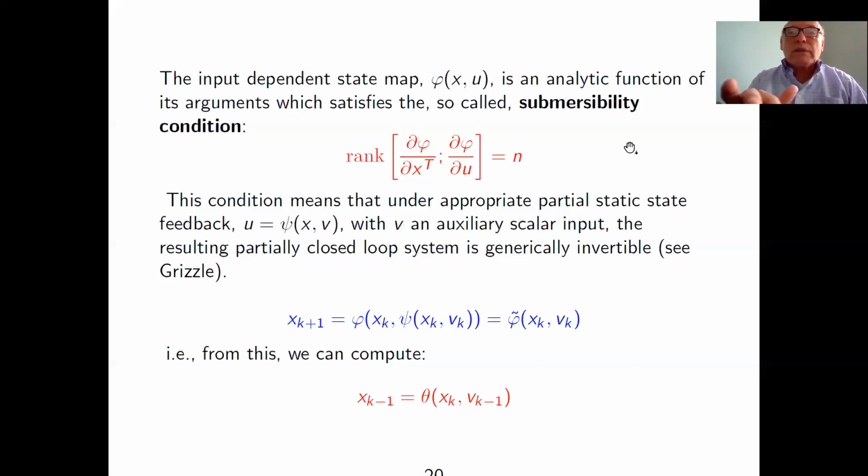If you don't make this assumption, this might not be true, that you can compute uniquely your previous states on the basis of the information that you have in the present and in the immediate past. So that submersibility condition is very important.